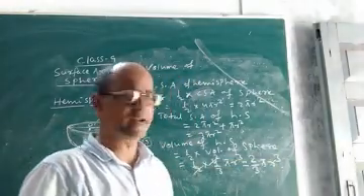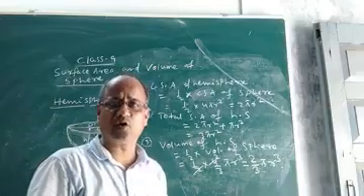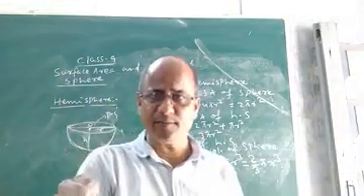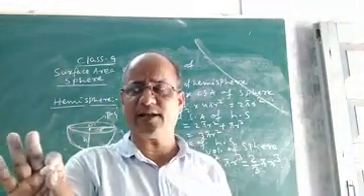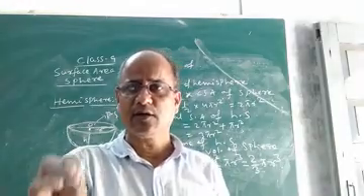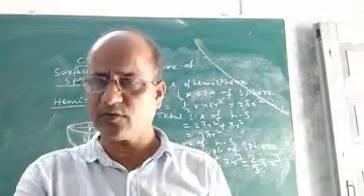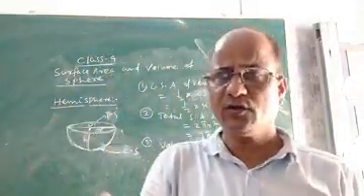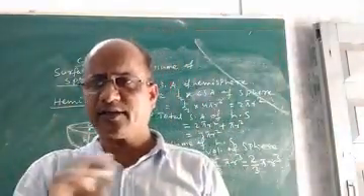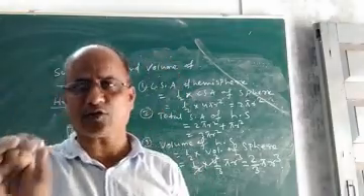So children, this is all about the sphere and hemisphere, the two other three-dimensional solids whose total surface area, curved surface area and volume we learned how to find out. We have discussed almost all solids.